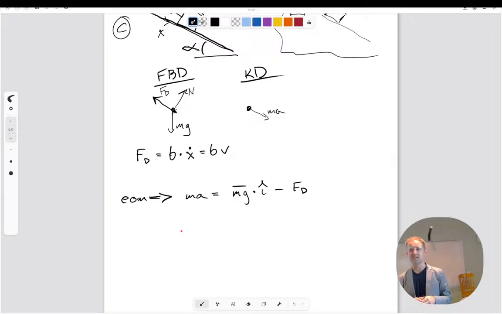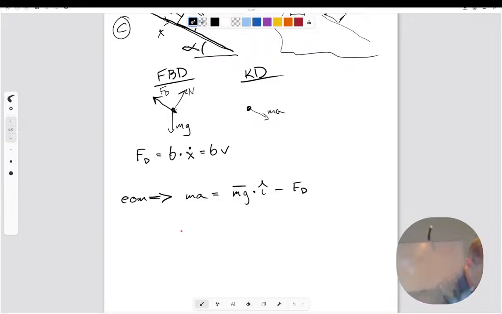Some head shakes, no. No? Yeah. You have a point in the equation of motion where it's just a position. So there's no way position will be zero, but acceleration can be zero. Yeah, so we can get to the point where acceleration is going to be zero at some point.